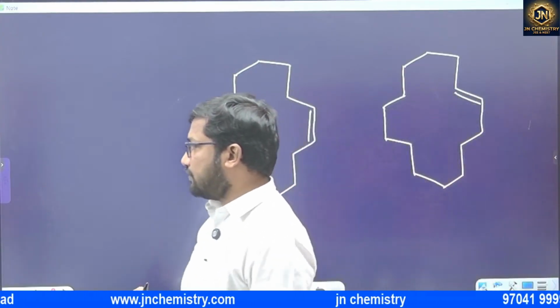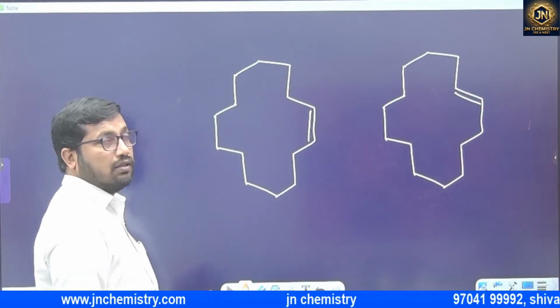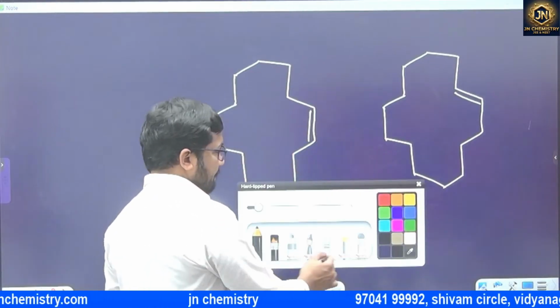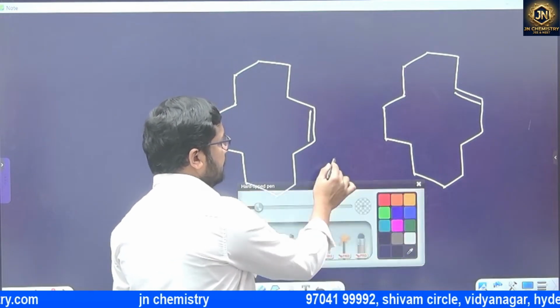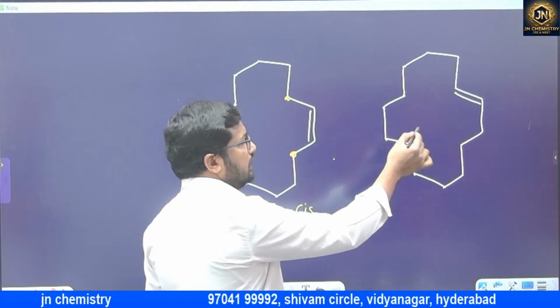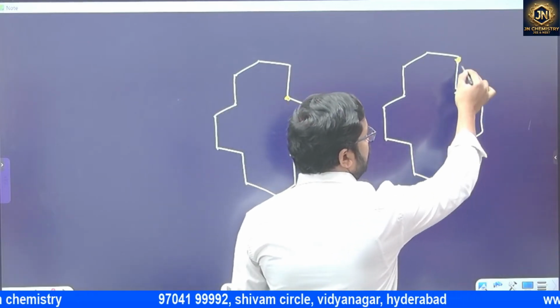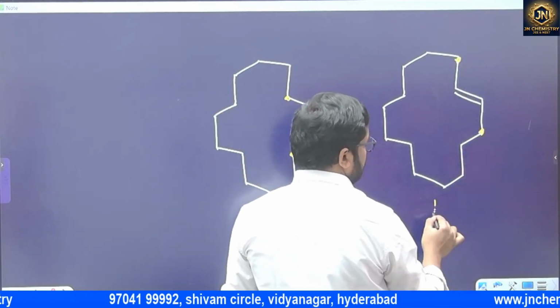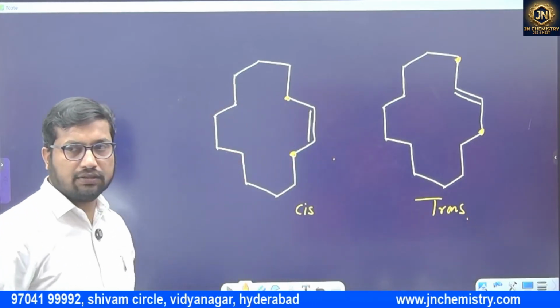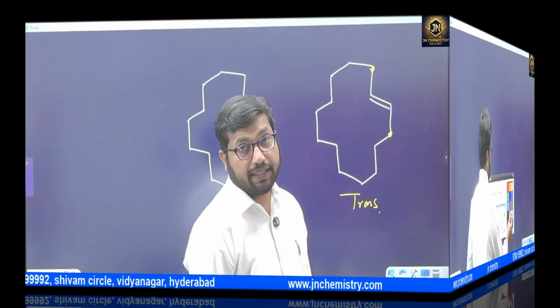So what about this one? First one and second one. This is cis, the same side. Here it is the opposite side. Trans. Write it down. Cis and trans. The bigger cases we can also write.